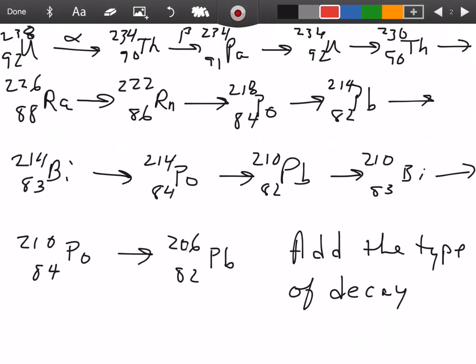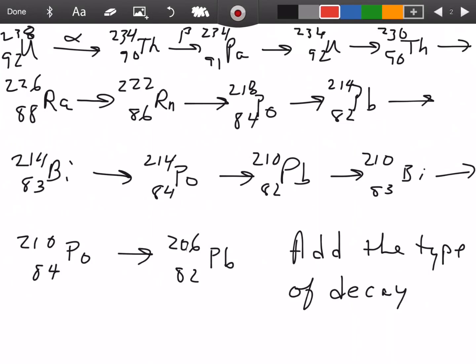Here is an example of the decay of uranium-238. Some of these happen very quickly. Some of them take hundreds of thousands of years. I've done the first couple for us here. I started with uranium-238, and we did alpha decay. If you go alpha decay, again, you're losing 2 protons and 2 neutrons, or 4 mass numbers. So we went from 238 to 234.